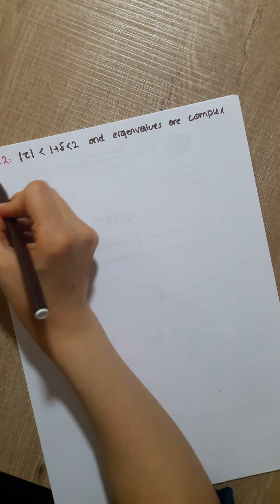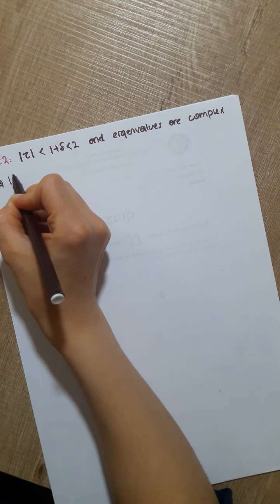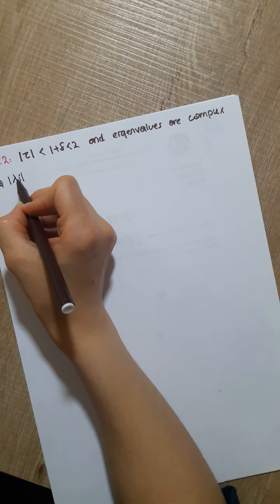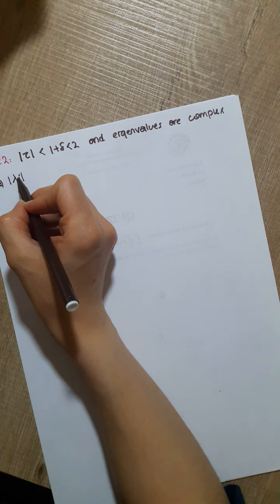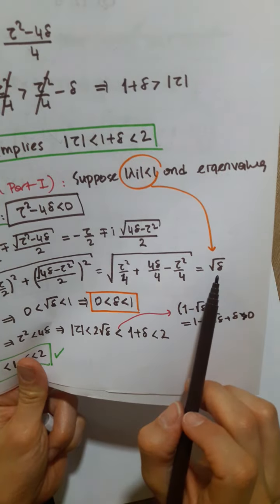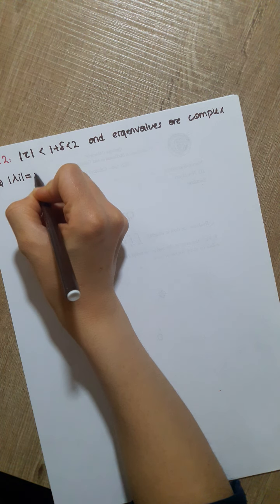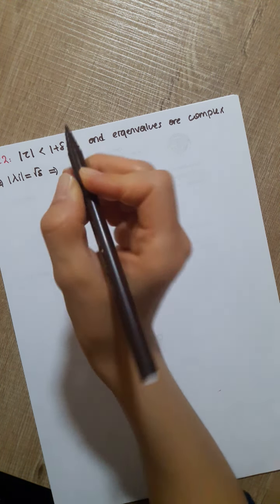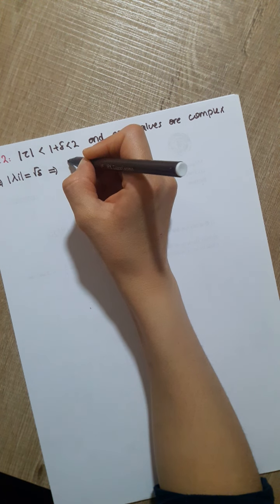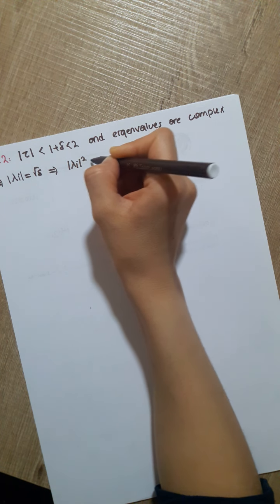And we have calculated it before: the magnitude of lambda i if the eigenvalues are complex. Here we calculate it. The magnitude equals square root of delta, and magnitude squared will be delta. Okay.